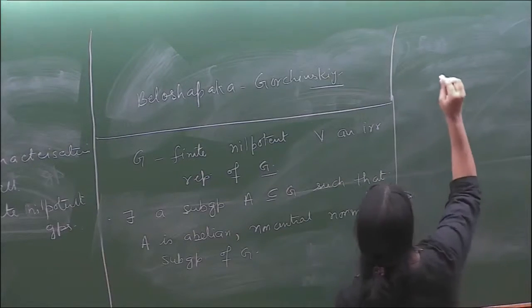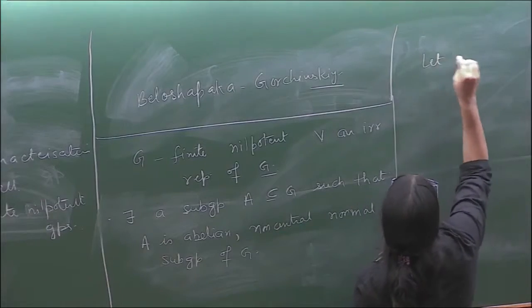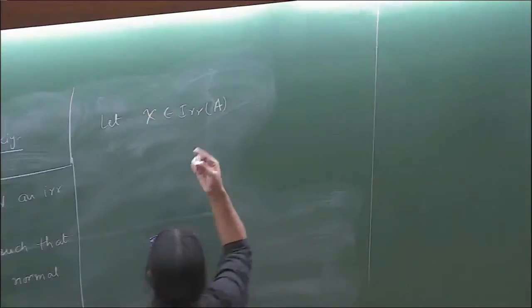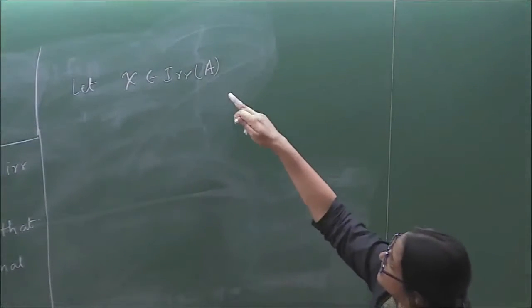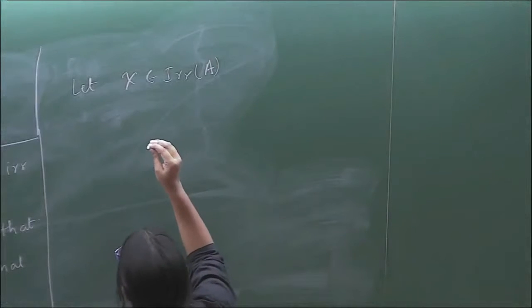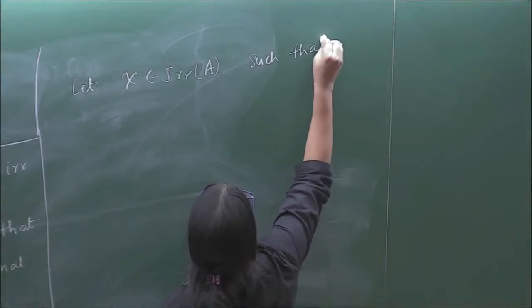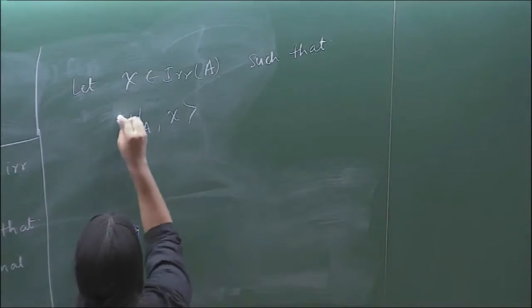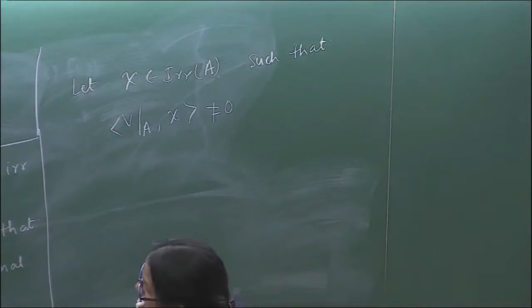Now, once I have this subgroup A, let chi be an irreducible representation. A is abelian, so it's just a character, such that when I restrict V to A, chi is a constituent of it.